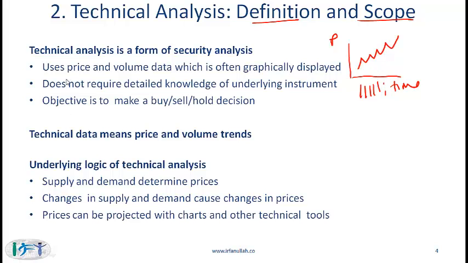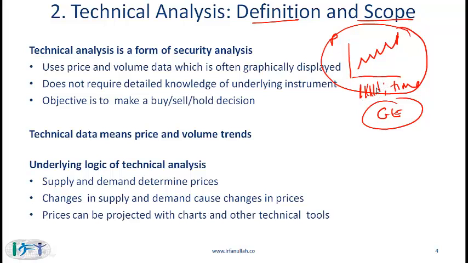One of the advantages of technical analysis is that it does not require a detailed knowledge of the underlying instrument. So if you are evaluating the General Electric stock, for example, with technical analysis, you would be focused on the market data related to General Electric, the stock price currently, the stock price in the past, the volume data, and so on.